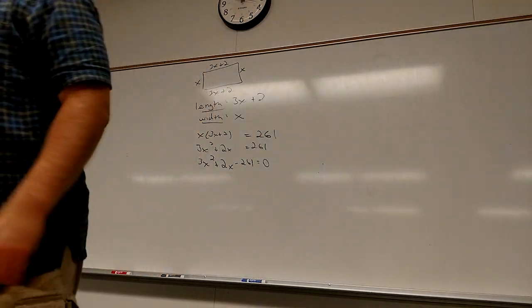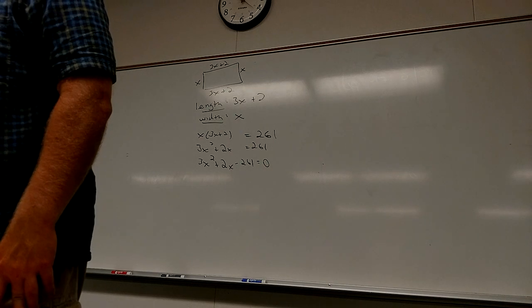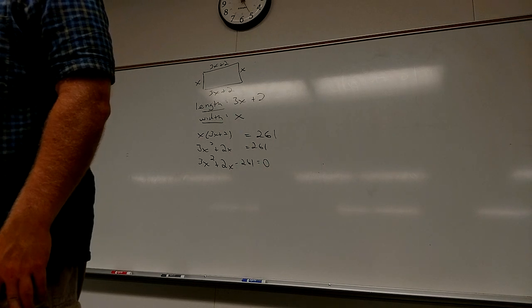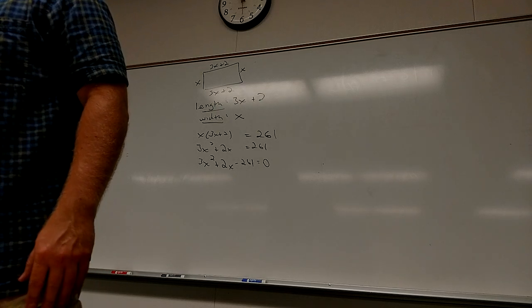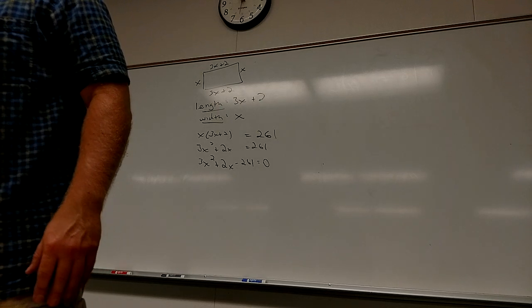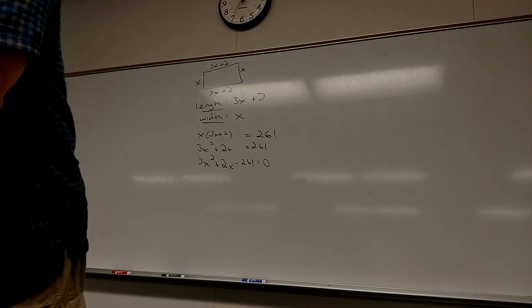So when we graph it, I hit second calc. Second trace, to get to calc, and zero would be the x-intercepts. You pick one of the x-intercepts and you go to the left of it, enter, to the right of it, enter, and then you put a guess, enter.